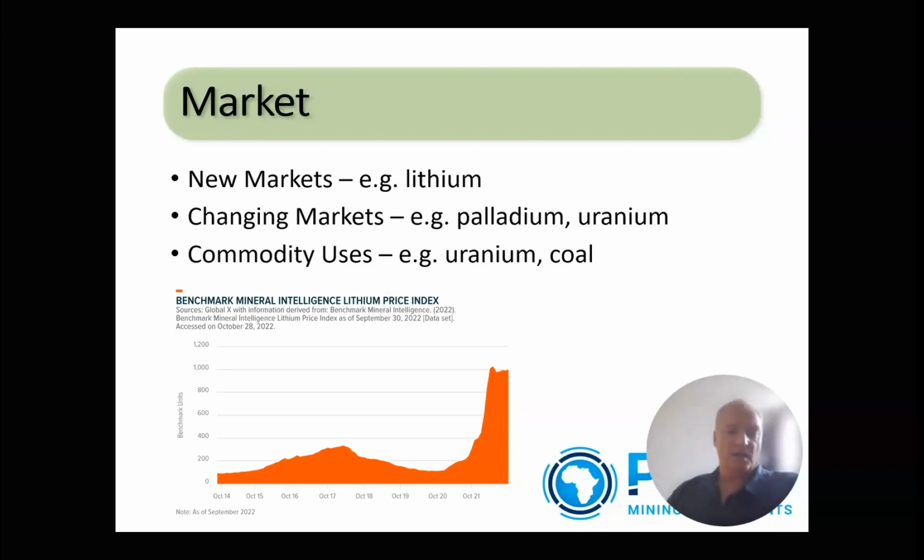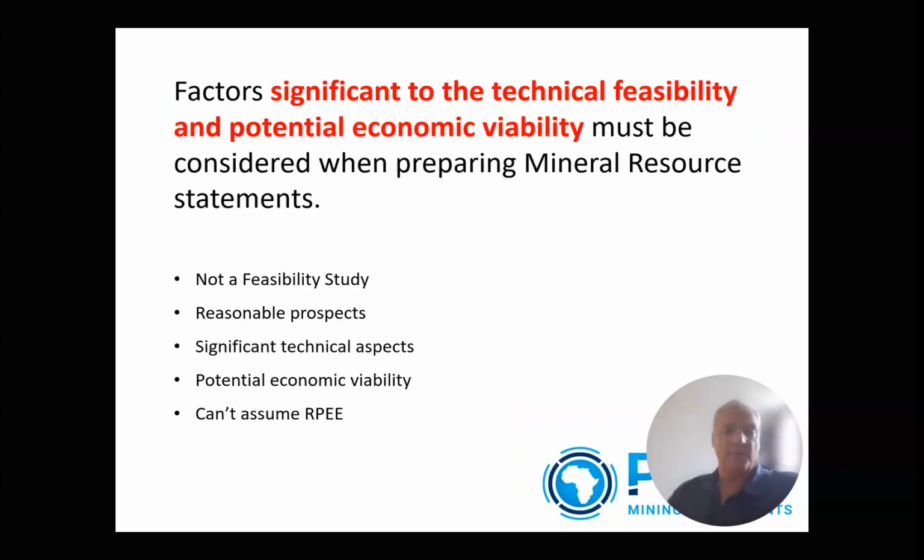The commodity uses, obviously things like the new markets would consider lithium and graphite, etc., because those are new uses, and some old uses like coal might slowly but surely disappear. So just understanding what that is from a reasonable prospects perspective, and although we don't have eventual in the code anymore, it's important to understand that could have an effect.